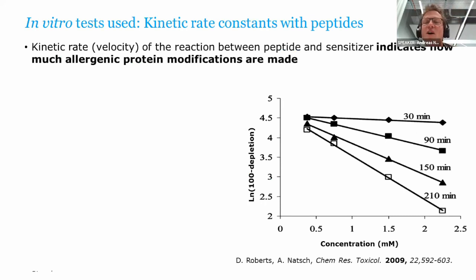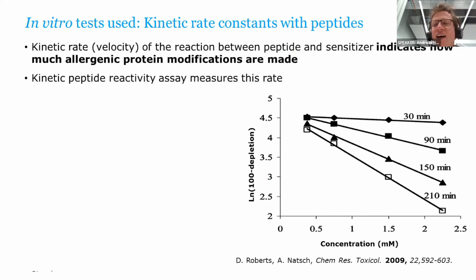So that's why we developed this assay where, again, like in the direct peptide reactivity assay, we just look at how quickly a peptide is depleted by the test chemical. But here we do it in a dose response and kinetic over time assessment.